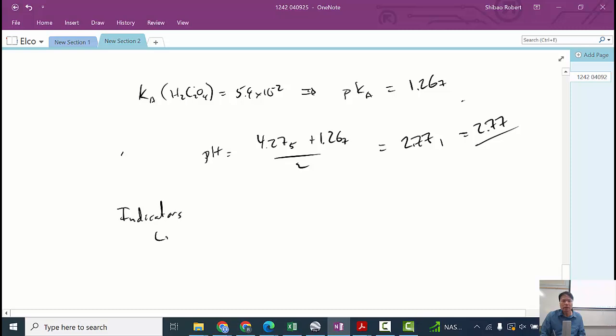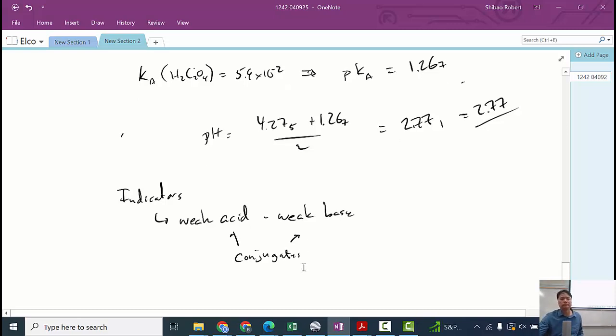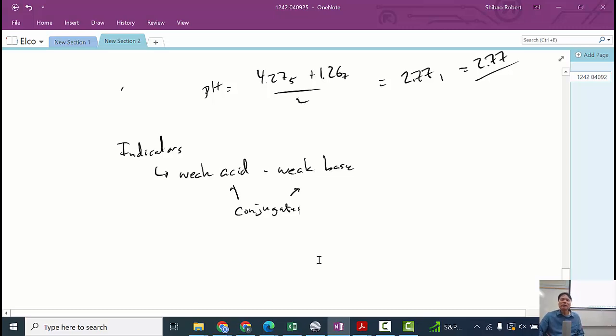Indicators are weak acids usually. Weak acid, weak base. And these are conjugates. If we have a weak acid, weak base combination that are conjugates, what do we call that?